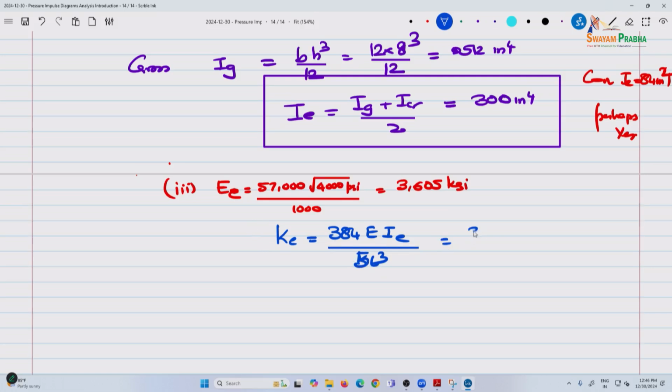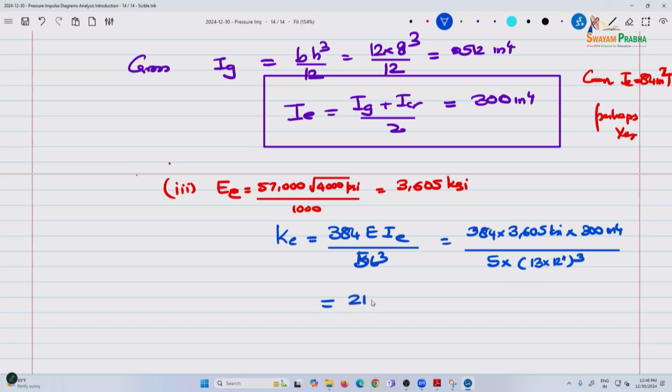So which is 384 multiplied by 3605 KSI multiplied by 300 inches per 4. It's going to make a big difference what K you use. 5 times L is 13 feet.